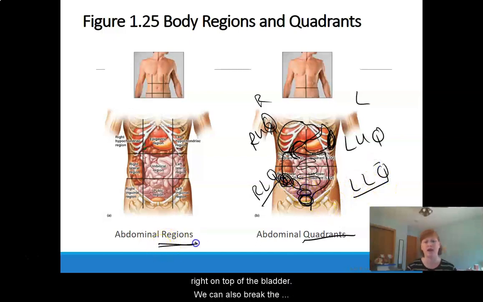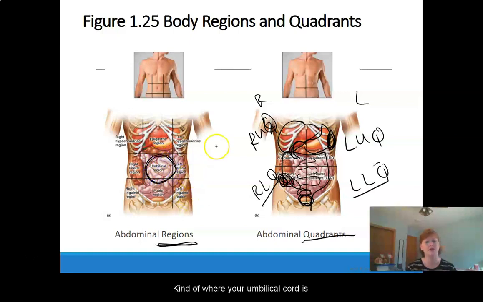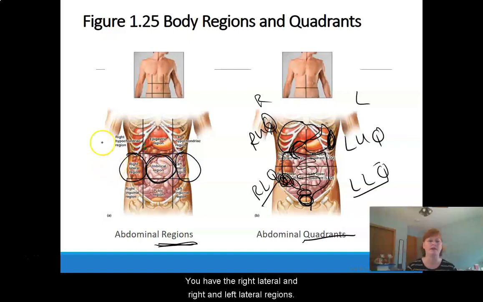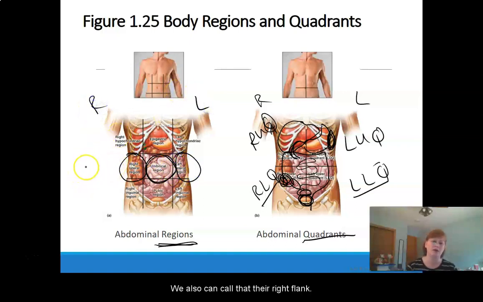You can also break the abdominopelvic area into 9 regions. So you have the umbilical region in the middle, kind of where your umbilical cord or your belly button is. You have the right lateral and left lateral regions. Again, this is my right, this is my left. But we also can call that the right flank and left flank.